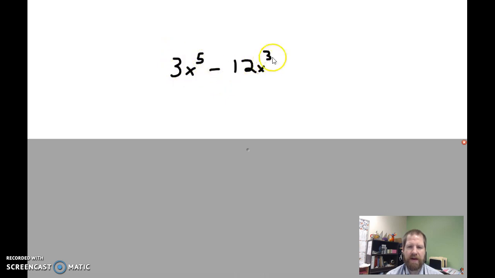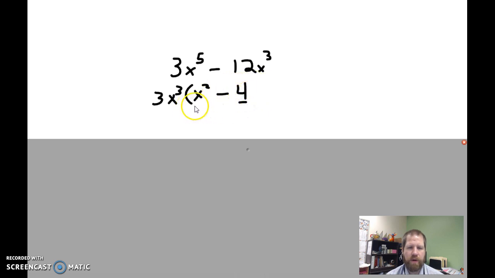Pull out my common factor of 3x to the third. So 3x to the third is going to leave me with x squared, and then I'm going to have minus 4. Okay, x squared minus 4.